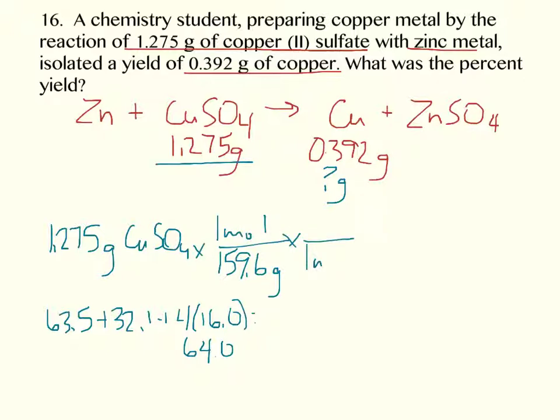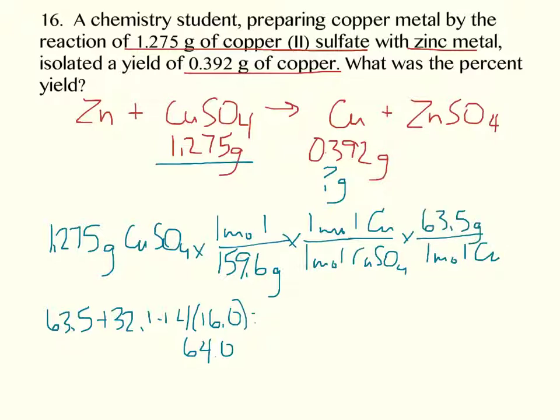The next is the mole to mole ratio. 1 mole of CuSO4 for every 1 mole of copper. I'm actually looking for the grams of copper, so one more step says 1 mole of copper for every 63.5 grams of copper off the periodic table gives me a total of 0.507 grams of copper. That's how much copper I was supposed to make. 0.392 is how much copper I actually did make.